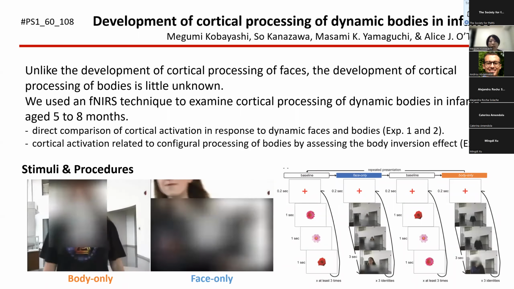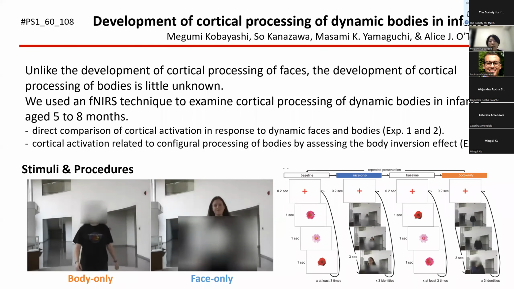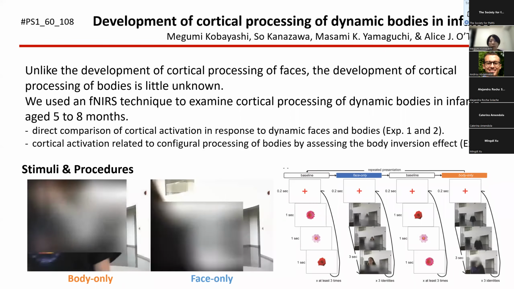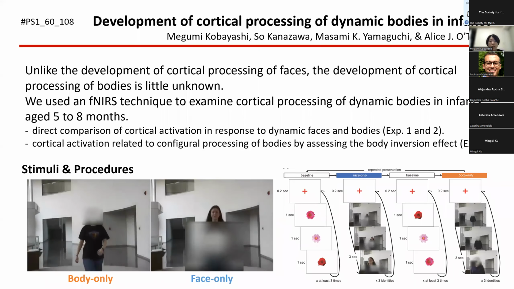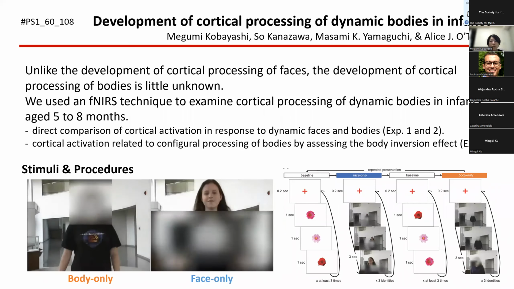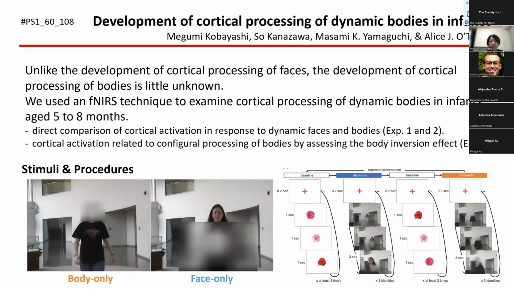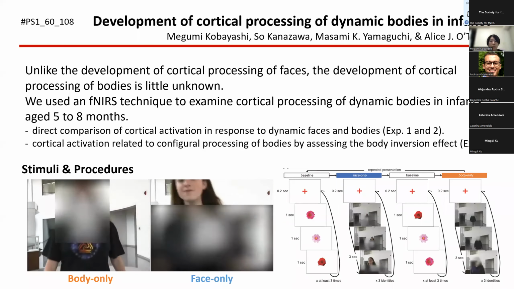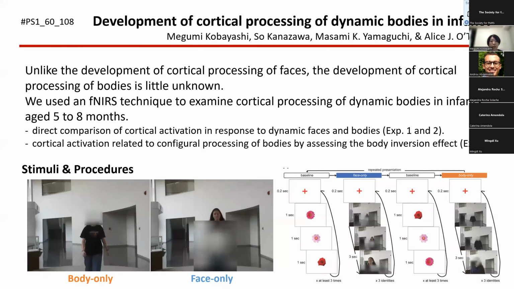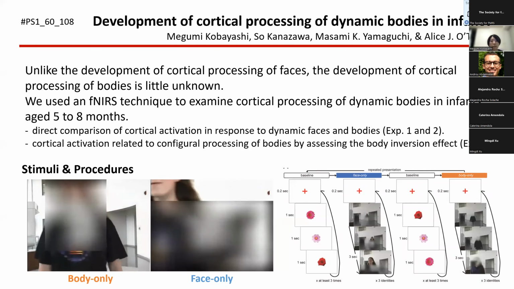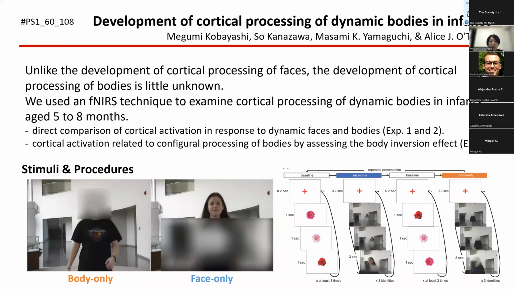To examine this point, we used fNIRS techniques, and we conducted 3 experiments. In experiments 1 and 2, we directly compared cortical activation in response to dynamic bodies and faces. And in experiment 3, we measured the cortical activation related to the configural processing of bodies by assessing the body inversion effect.